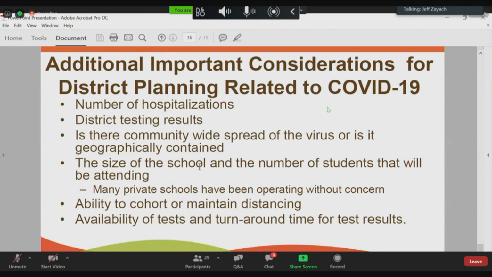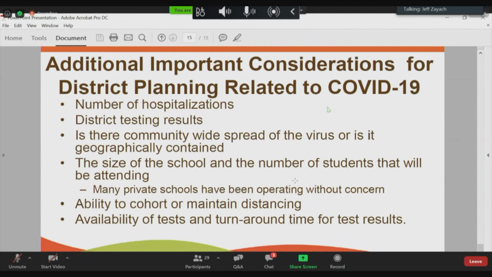Many of the private schools are smaller and have the ability to establish and sustain the types of controls that we're looking for to help minimize the spread of the disease. And then the last two things are the ability to cohort or maintain social distancing, which Boulder Valley School District is doing with this plan that they've put forth, and availability of test turnaround time for results.